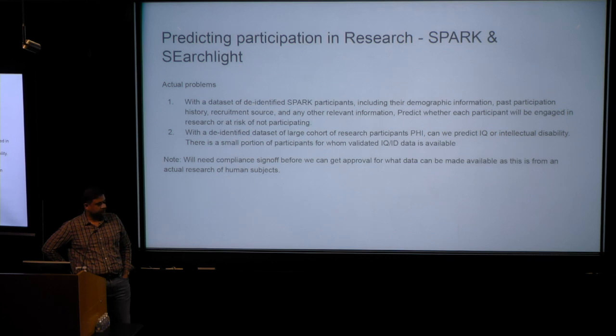We don't have anything. So I can set the context for that. A couple of problems I drafted here: one of the things that we talk about is, can we predict the retention and engagement of a participant in a research study over a long period of time? Long time is about 20 years.